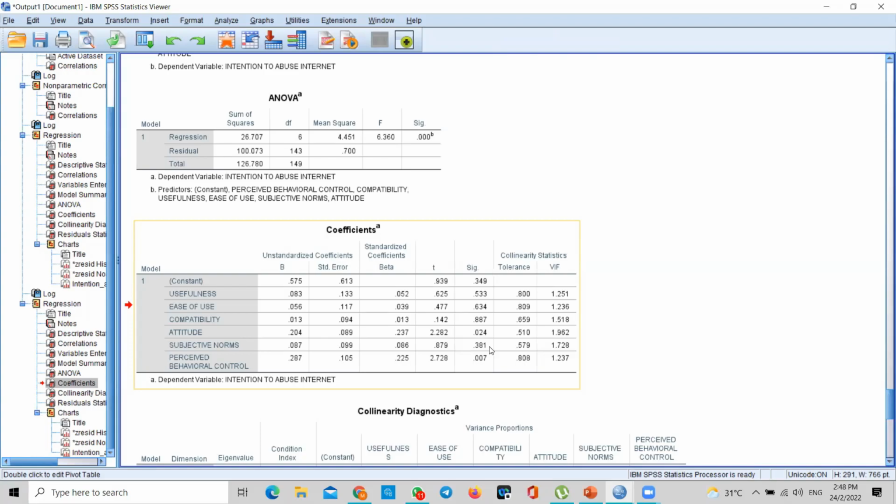So if subjective norm was 0.081, we would make a conclusion like this: the subjective norm was found to be not significant at the 5% significance level. However, it was found to be significant at the 10% significance level, since it is more than 5 but below 10.